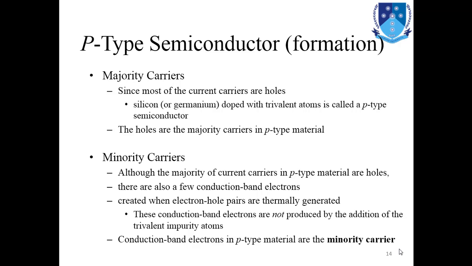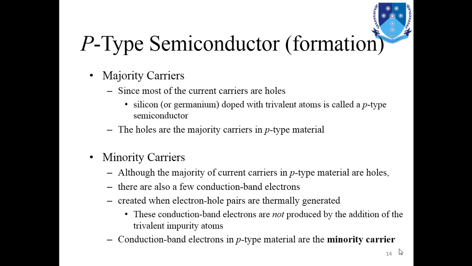In n-type, the majority current carriers are electrons, so these will be known as majority charge carriers, while holes are in minority or in lesser number, so they will be considered as minority charge carriers. On the other hand, in p-type semiconductor material, there are also two types of charge carriers.